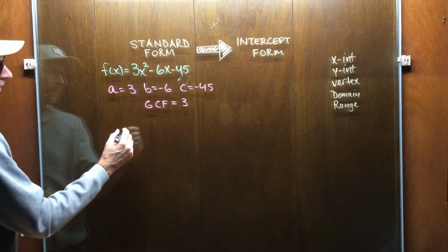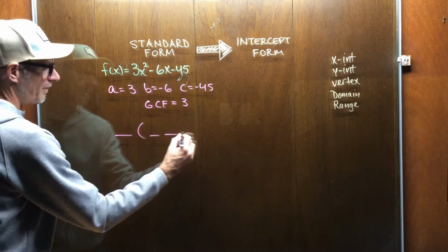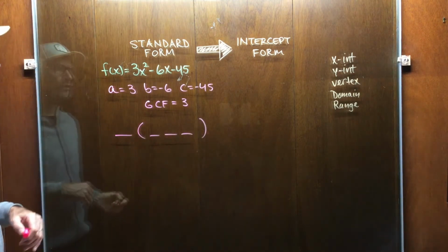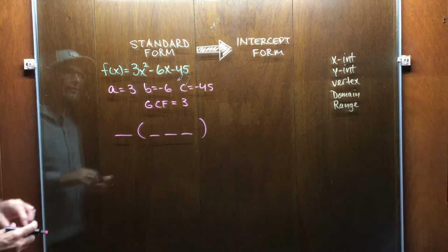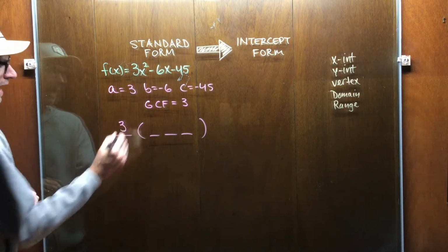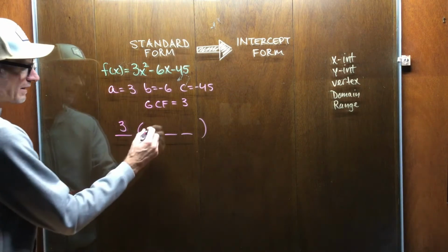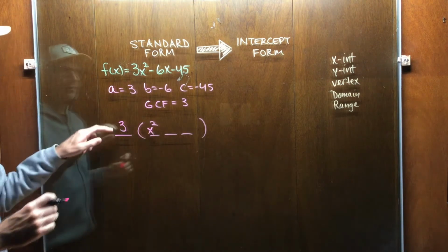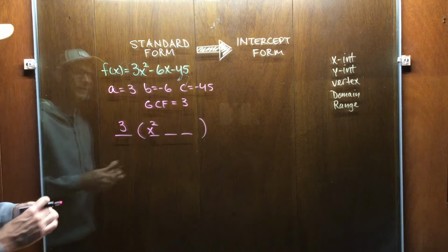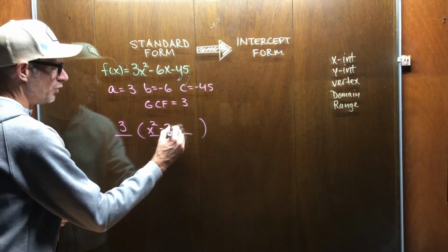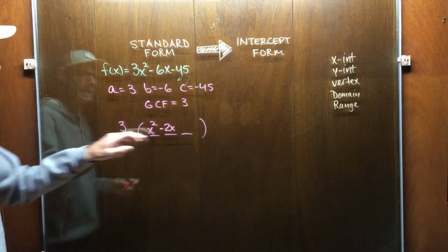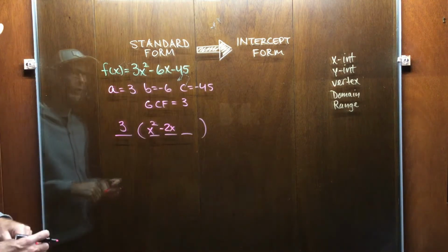So we'll start out and we're going to have a number in front of our trinomial and we're going to put our greatest common factor there. And then we have to think, 3 times something is 3x squared. So that's going to be x squared. 3 times something is negative 6x. That'll be negative 2x. And 3 times something is negative 45.